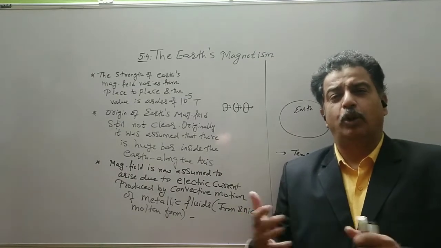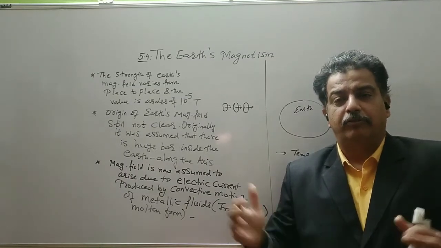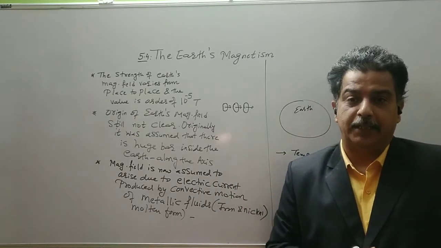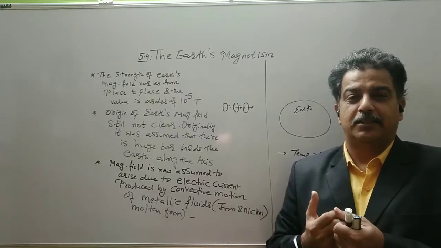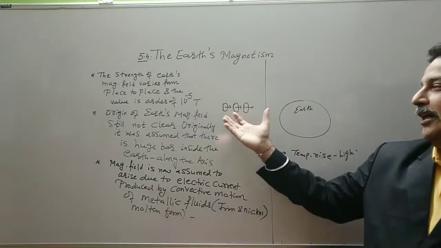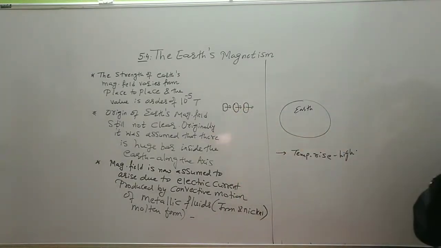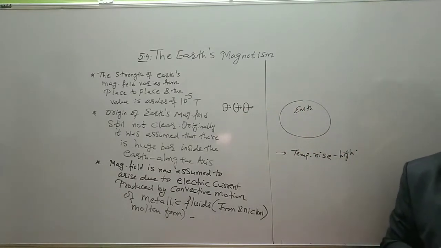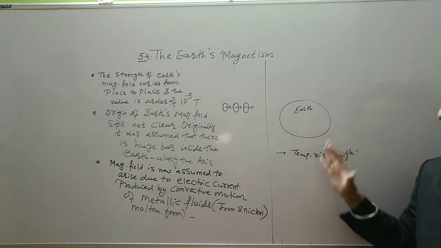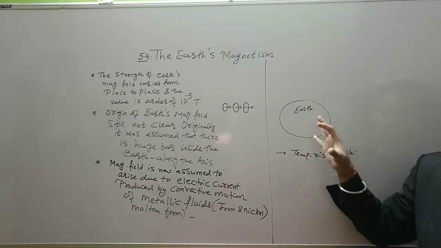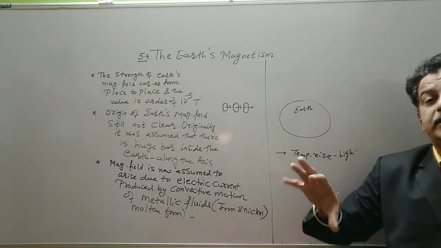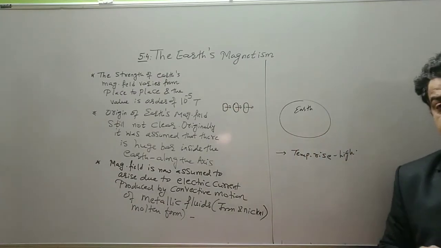If we keep on heating a bar magnet which is not very strong, it loses its magnetic property, because the atoms gain energy and their alignment is disrupted. So it is not possible that the magnetic property of the earth is due to the magnetic moments.